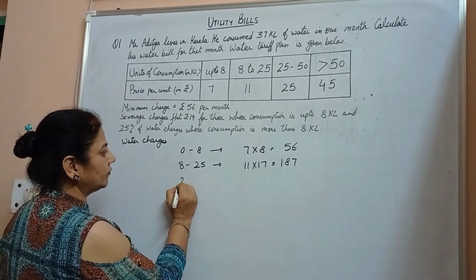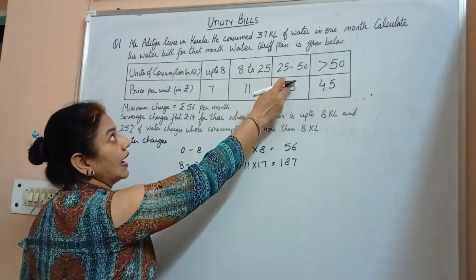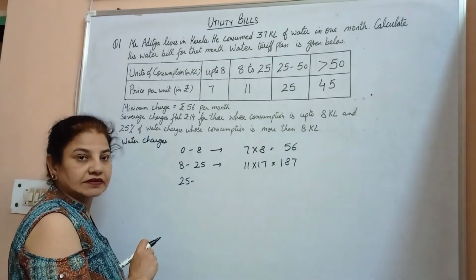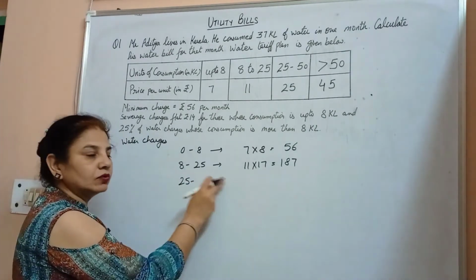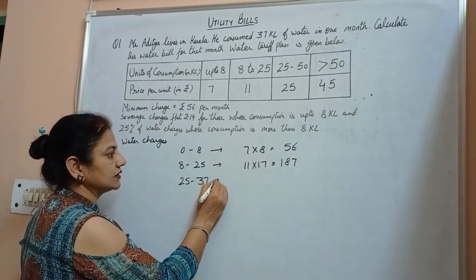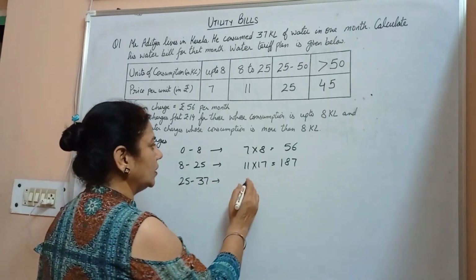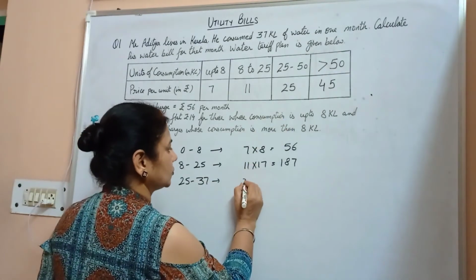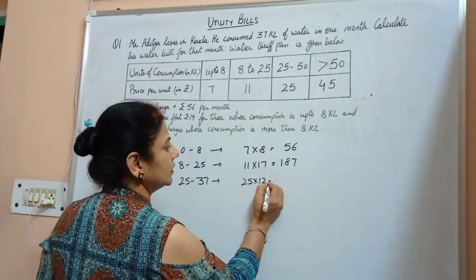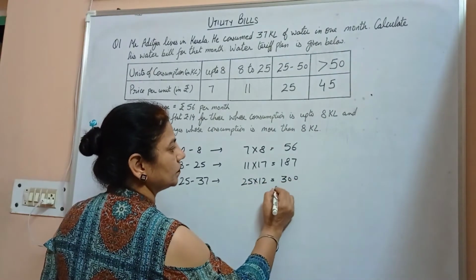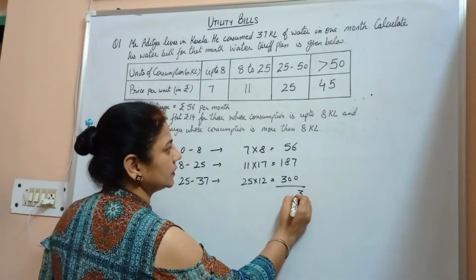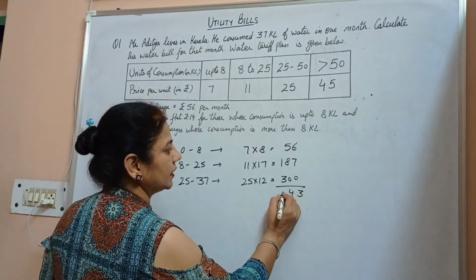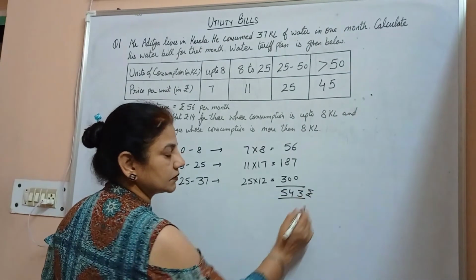Then 25 to 50, but as he consumed only 37 kiloliters, we write 25 to 37. This comes out to be 12 kiloliters. Its cost is 25, so 25 into 12 is equal to 300 rupees. On adding, we get 543 rupees.